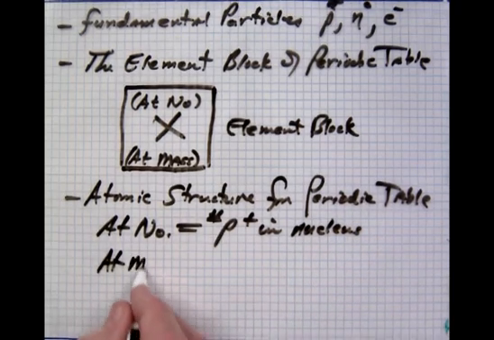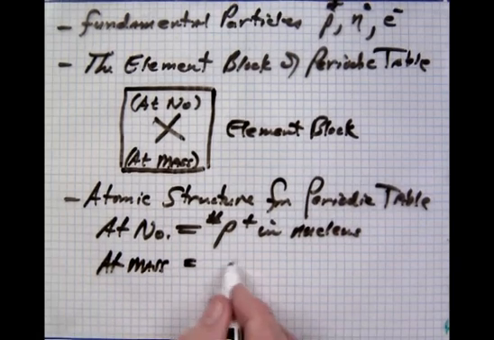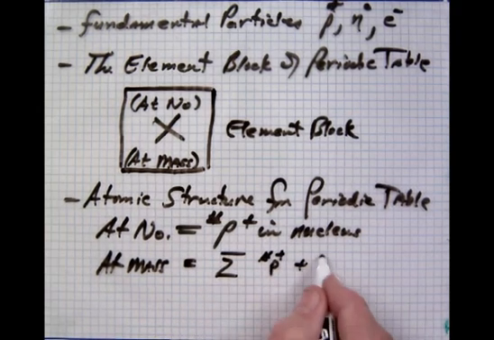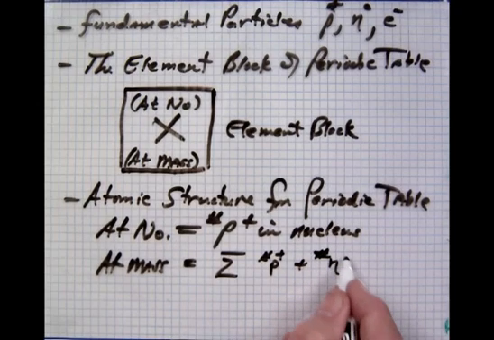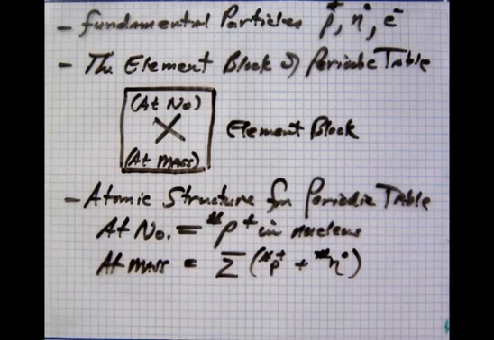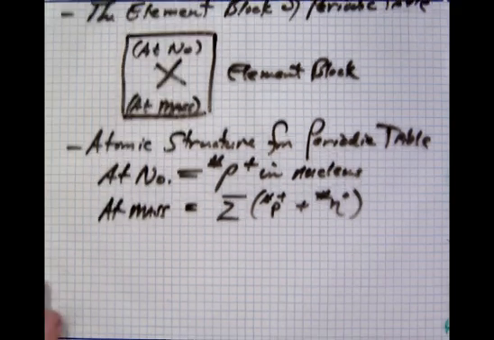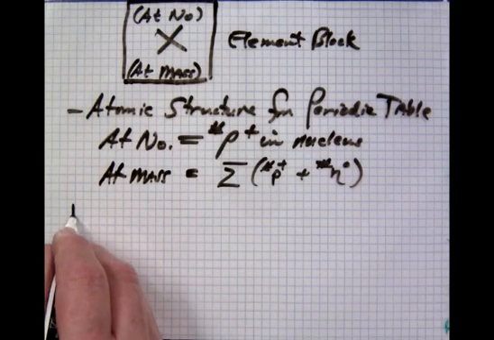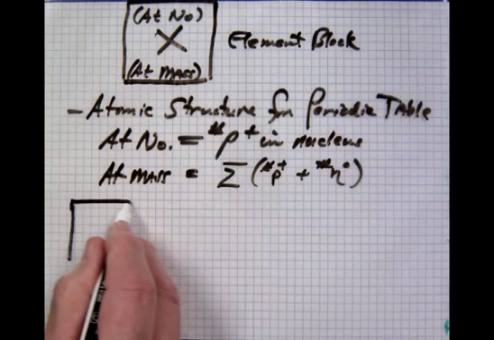And the atomic mass is the sum of the number of protons plus the number of neutrons. The electron numbers we'll get to in due time, because they roll over into things called ions and gains and loss of electrons. So we'll put in electrons as we move through the neutral atom, but for all practical purposes, this is what we need right now.